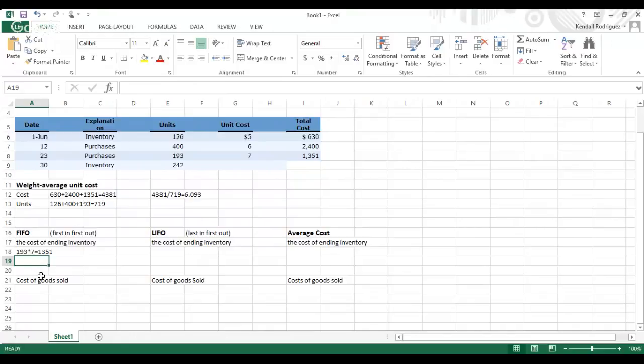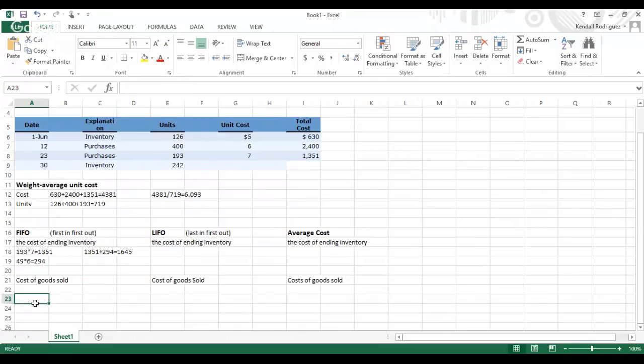And then the 242 minus the 193, because you used those 193, is going to be 49. So then you're going to use 49 of the purchase on the 12th, and that will be times 6. And when you multiply those out, you get 294. And so then you're going to add the 1351 plus 294 equals 1645. And that's how much the cost of the ending inventory will be when it's first in, first out.